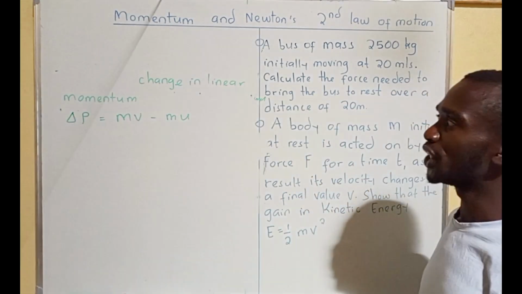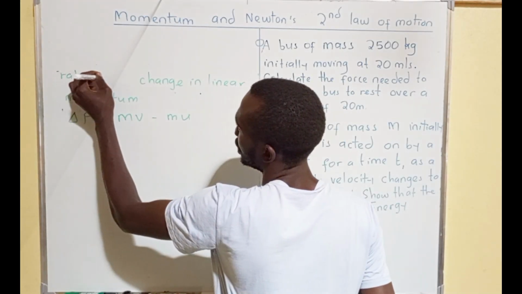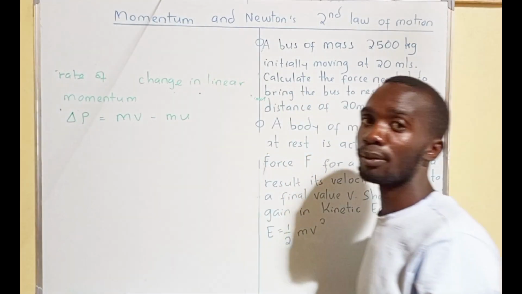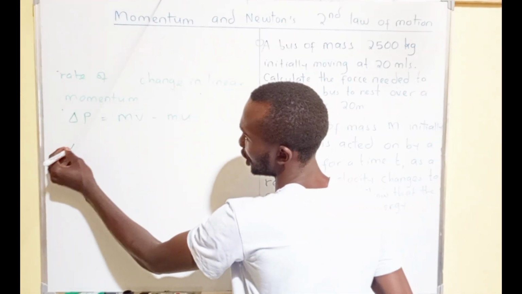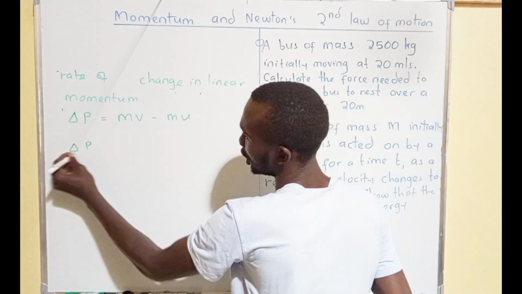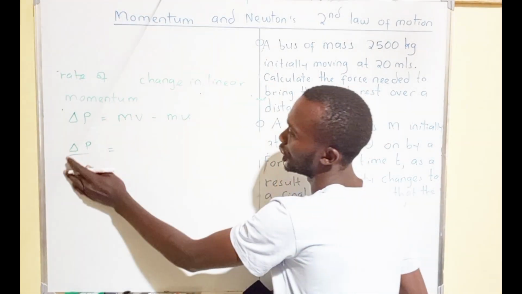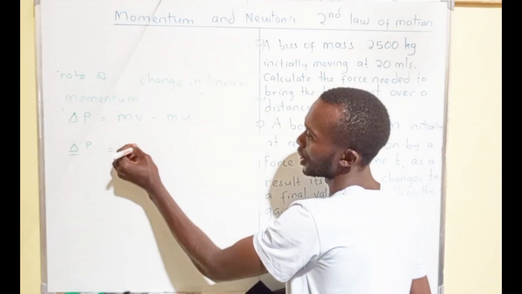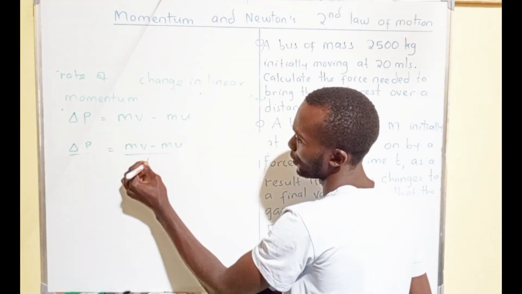But now, the rate of change simply means the change in momentum with respect to time. So this is the same as mv minus mu over t.